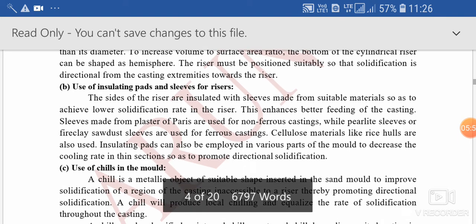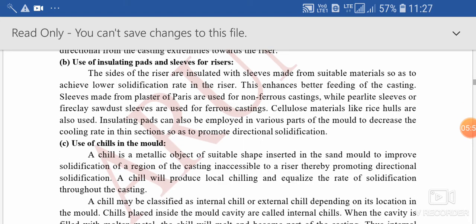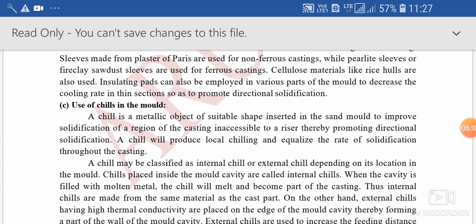Cellulose material like rice hulls is also used. Insulating pads can also be employed in various parts of the mold to decrease the cooling rate in thin sections so as to promote directional solidification.